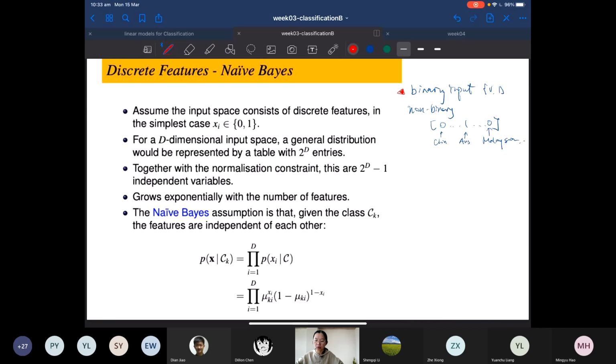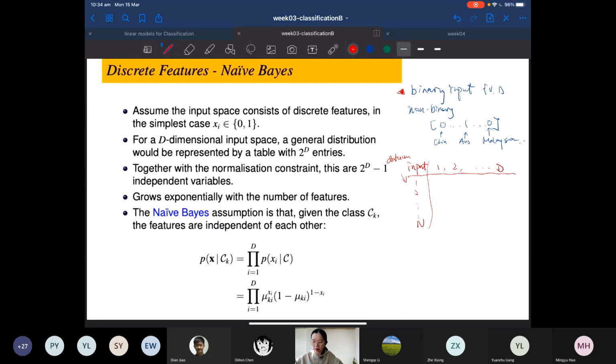So we basically have input dimensions 1, 2, all the way through d. And now assume this is our data table, where each row is a data instance, a data item, 1, 2, all the way to n.